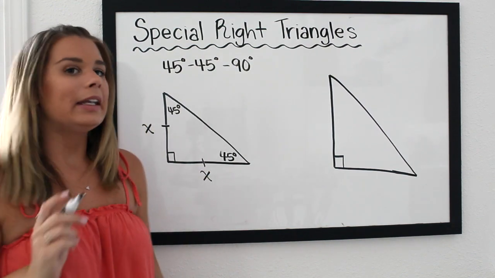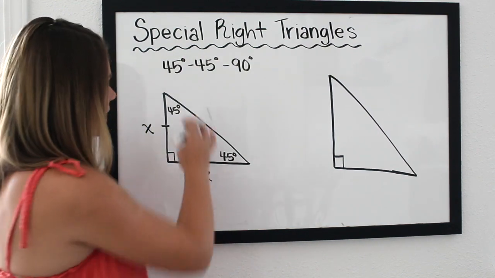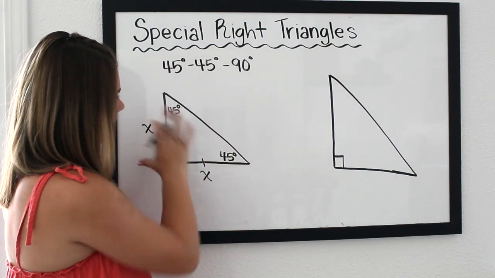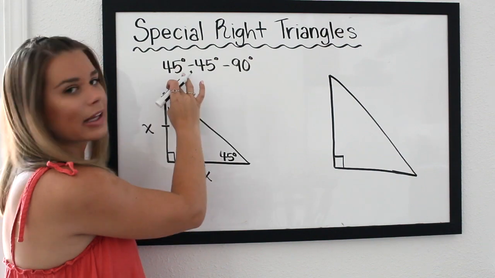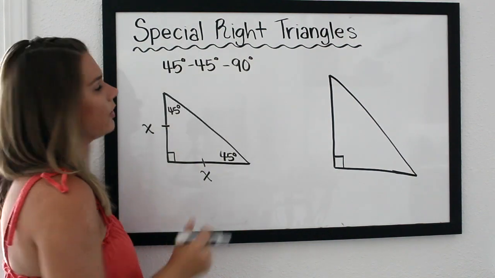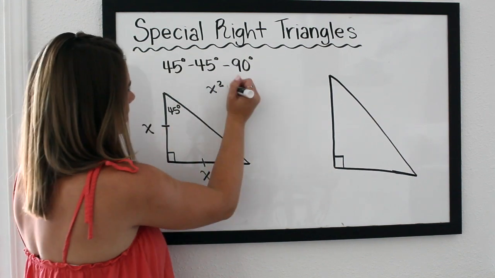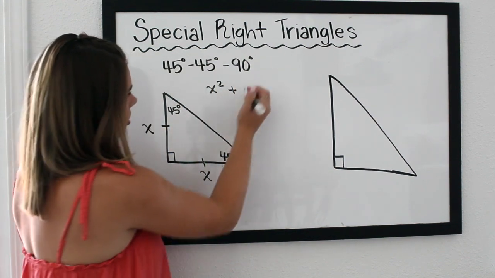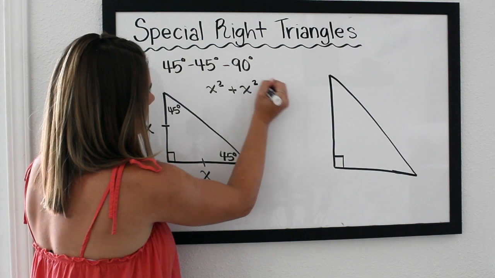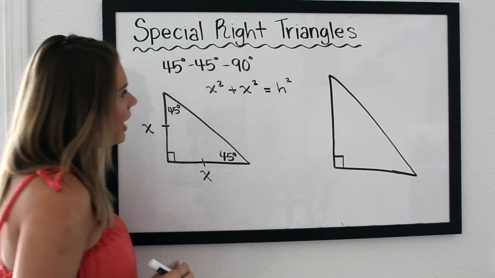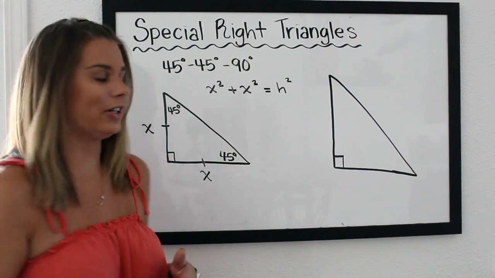Okay. Now, using Pythagorean Theorem, we can actually find in general how the length of the legs are related to the length of the hypotenuse. So if I say, well, x squared, leg 1 squared, plus leg 2 squared, so plus x squared, equals my hypotenuse squared, I can actually find a pattern here.